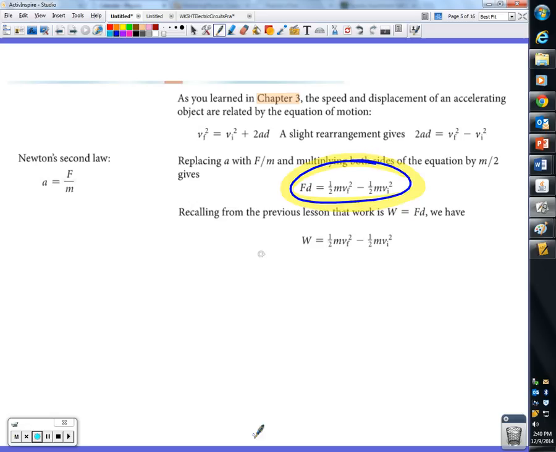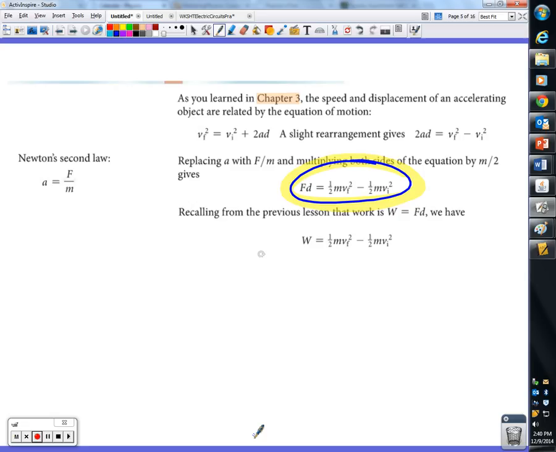The left-hand side of this equation is F times D. That's how we calculate the work. The right-hand side of that equation is the change in the kinetic energy, calculating the kinetic energy of each individual spot separately.